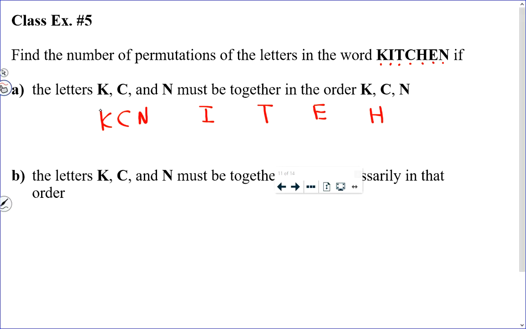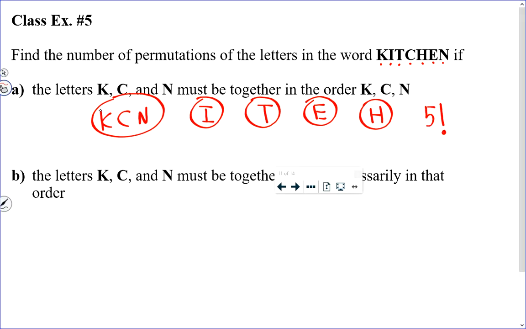Down here I have 1, 2, 3, 4, 5, 6, 7 letters. I've written them all down. They're all accounted for. So I am arranging this, this, this, this, and this. Well, look at that. I'm only arranging 5 items. And this answer then is going to be 5 factorial, which will be 120.